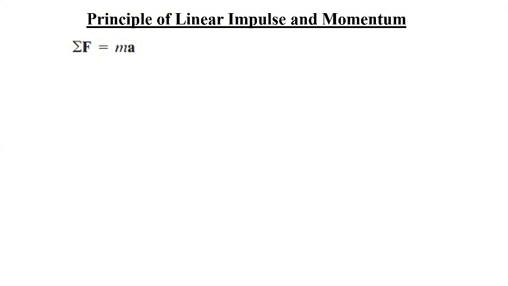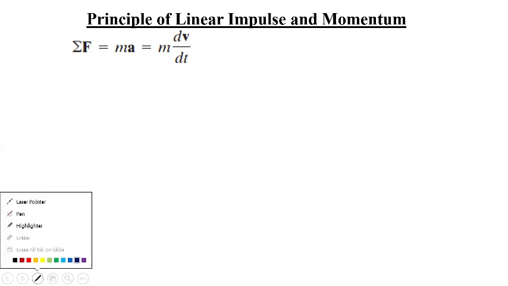That is, summation F is equal to ma, which is equal to m dv/dt, where a is the acceleration, m is the mass, and v is the velocity of that particle.